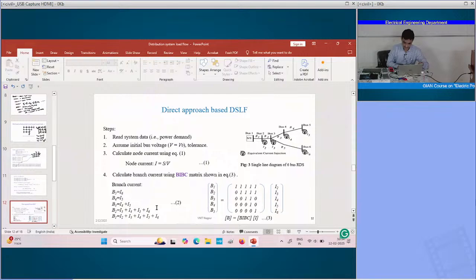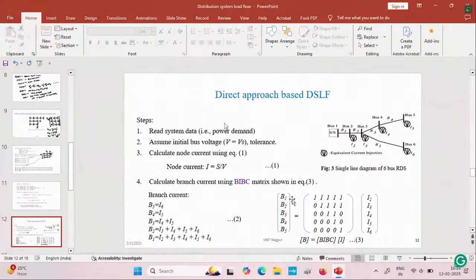Similarly, the branch current at this branch is the sum of all these node currents. If we prepare a matrix, calling this branch current a matrix as shown in this equation, equation number 3, then branch current B1 is equal to B2 plus B3 plus B4 plus B5 plus B6.